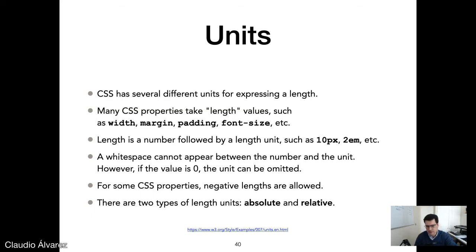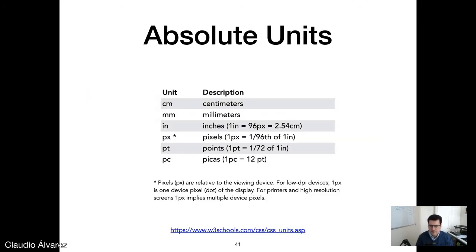So there are two types of length units, absolute and relative. Absolute is considering the coordinate system starting with 0, 0 at the top left, and relative is relative to the parent, the containing element. So you got the units with their descriptions here. I took this from W3 Schools, of course. You got a link below.